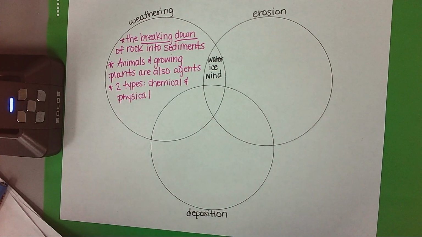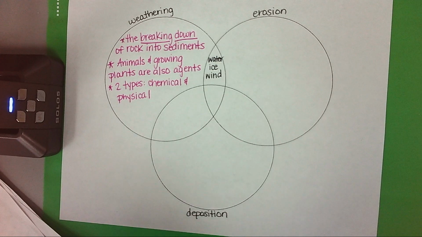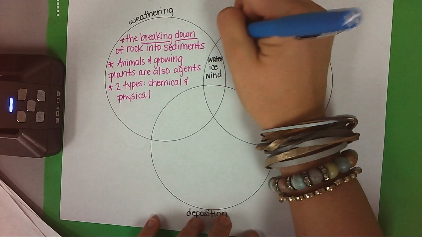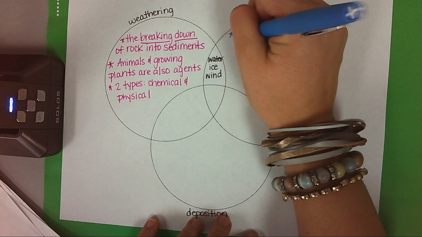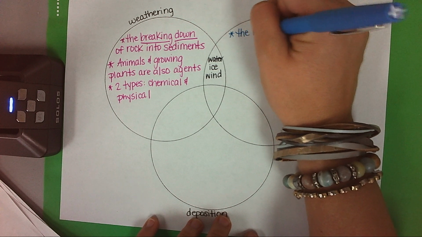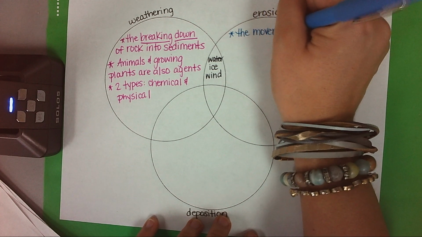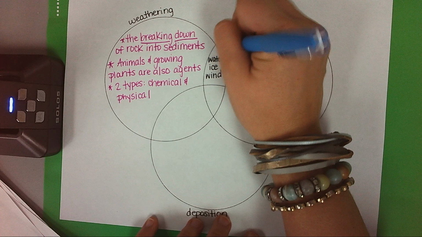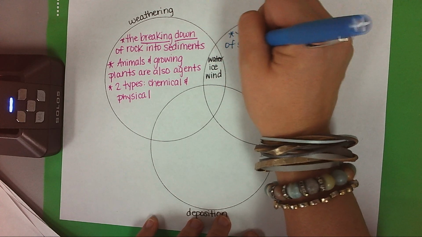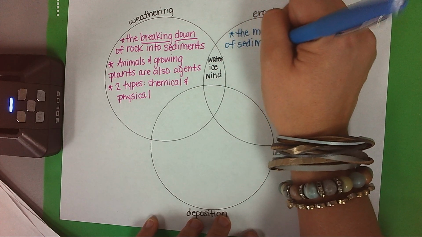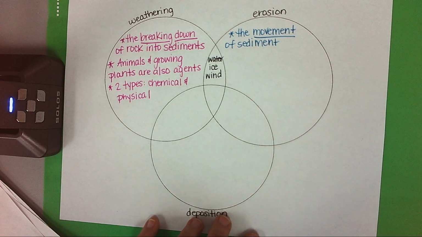Now what do we know about erosion? Erosion is the movement of sediment. Remember, sediment is broken rock, pieces of rock.